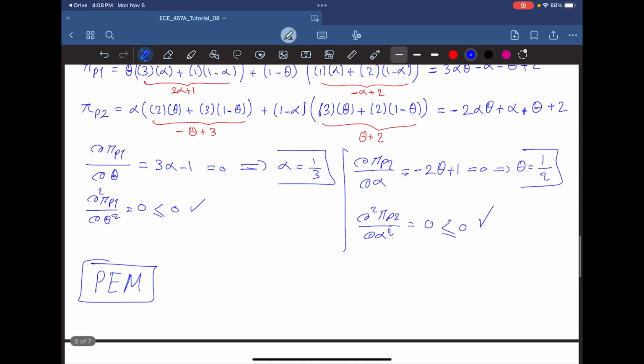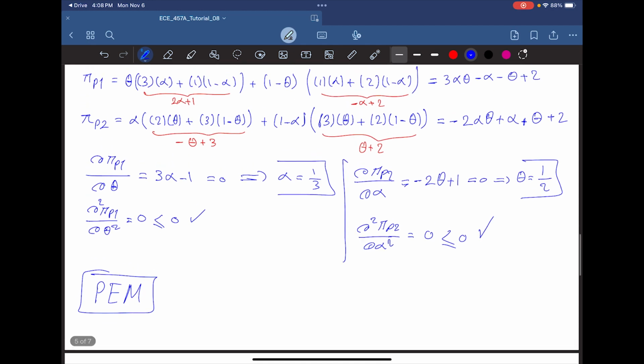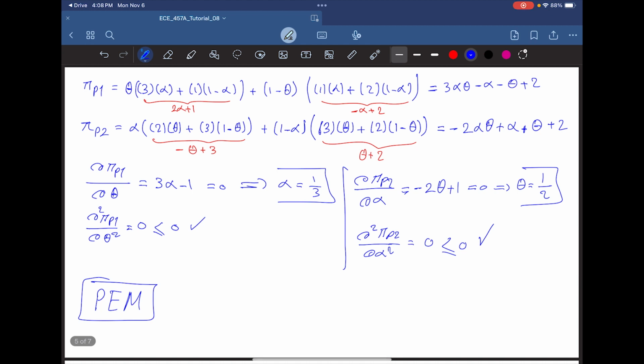So in this case, we need to equate these two terms with each other, this term and this term, and these two with each other as well. So for player 1, we can say that 2 alpha plus 1 equals negative alpha plus 2.